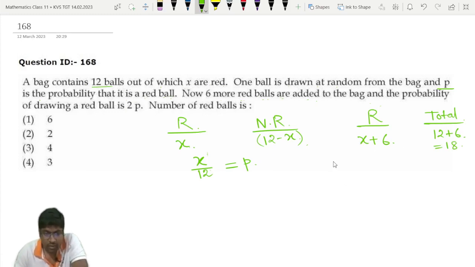So now what is the probability of drawing a red ball? x plus 6 divided by 18. Now that is equal to 2p, they have given.